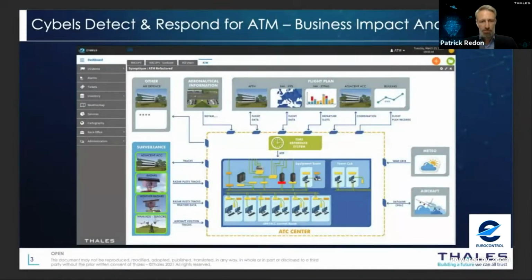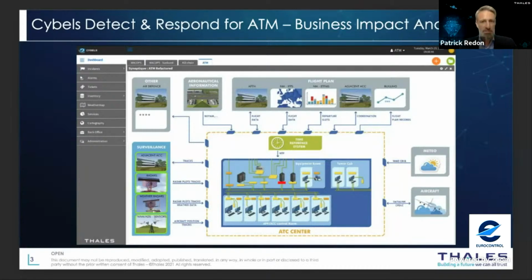Let me first talk about our detect and response capabilities in the ATM domain by introducing this view, which is a business impact analysis view. This view displays impacted business and functional capabilities with regard to detected potential threats, potential attacks in an ATM system. This view is unique and offers very high added value as almost no cybersecurity skills are necessary to operate it.